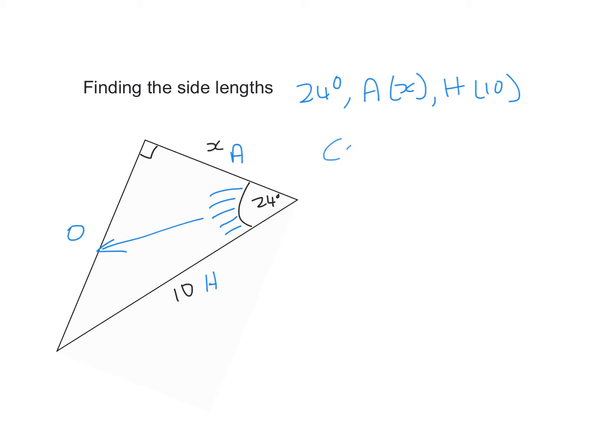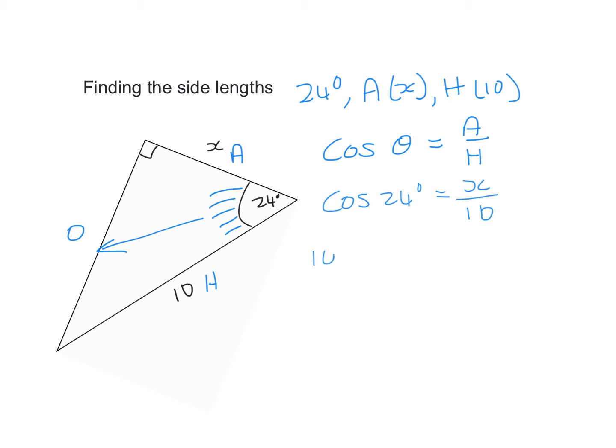So we're going to go cos of theta equals adjacent over hypotenuse. And I need to fill all my information in, so I go cos of 24 degrees equals my adjacent, which is my pronumeral x, over my hypotenuse, which is 10.